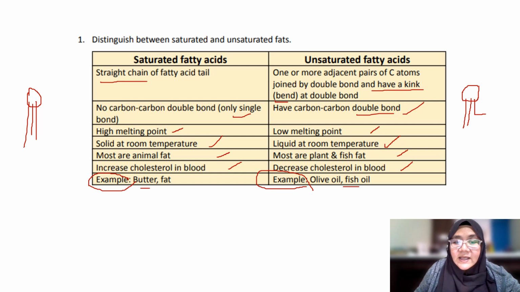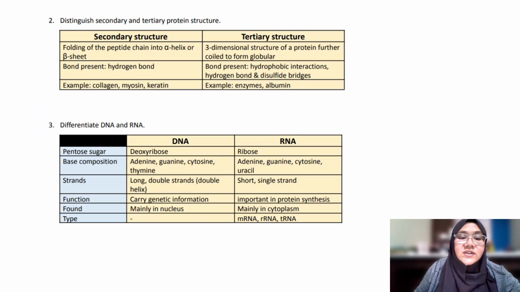It's the same meaning, but it can be broken into 2 points. Alright, that is the comparison between saturated and unsaturated fats. The best way for you to explain the answer is by making a table to compare between the two components.